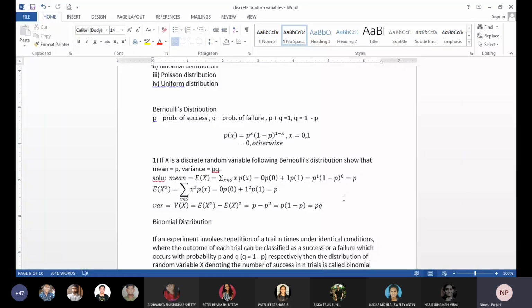If you toss a coin, you get either a head or a tail. If you consider getting a head as a success, then getting a tail will be a failure. So the experiment of tossing a coin is a Bernoulli trial where you get only two possible outcomes, either a head or a tail.